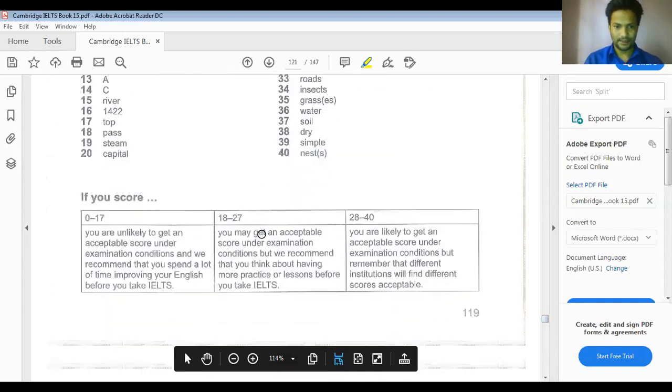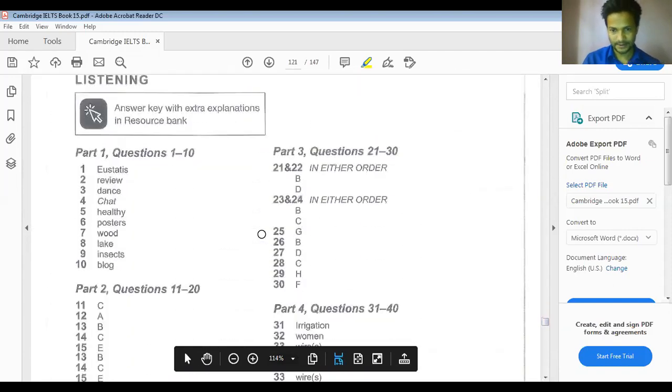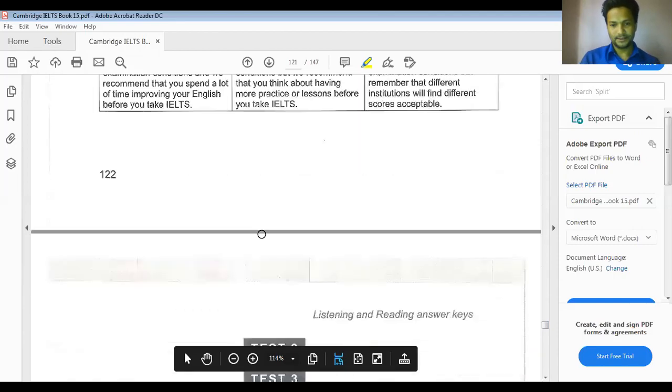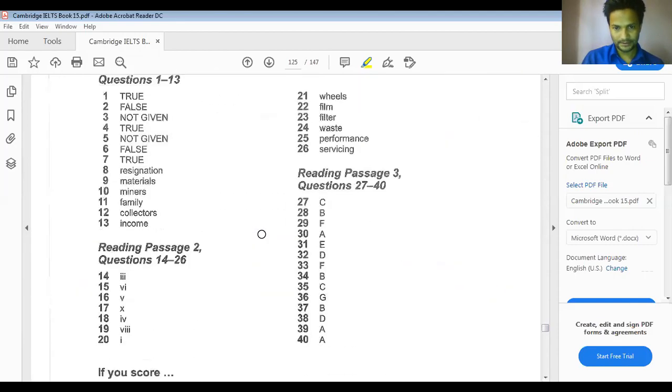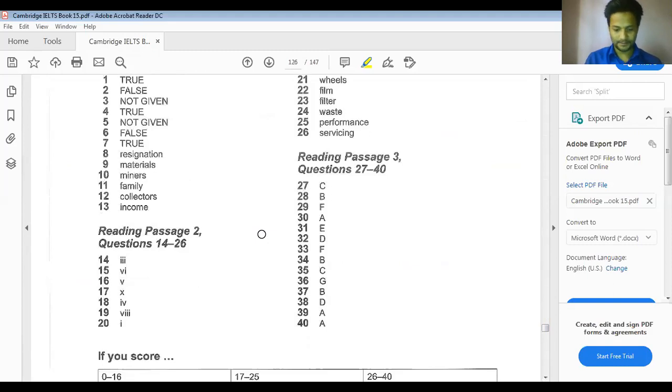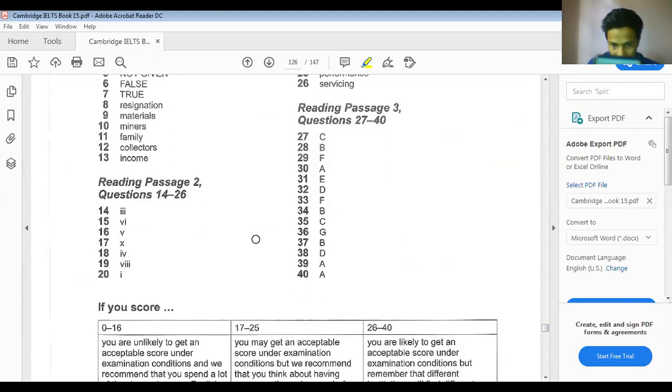But I am now going to match my answers. Scrolling will take time. I'm going here, and these are the answers for passage number 3. Okay, I'm taking the photo here, and then let's match.